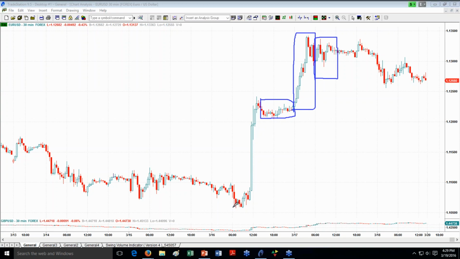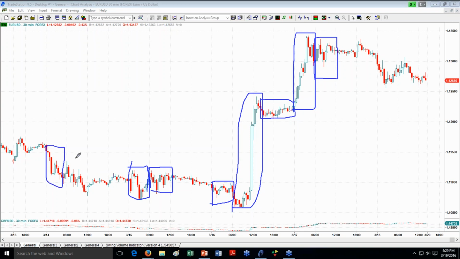Then here we have more to the upside in the US, less so in London. US, London, both sessions are really narrow. London, US.